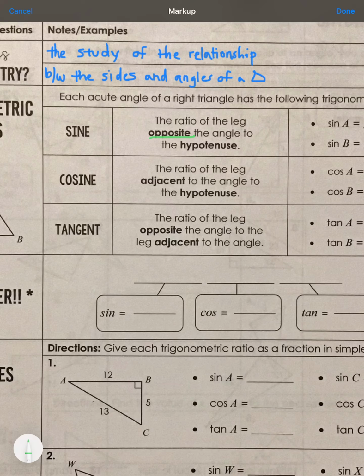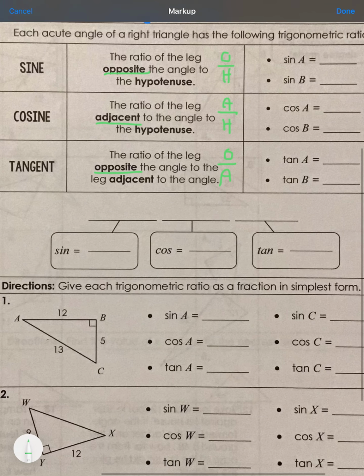Now, we just finished talking about how sine is the ratio of the opposite side over the hypotenuse. Cosine is the ratio of the adjacent over the hypotenuse. And tangent is the ratio of the opposite over the adjacent.